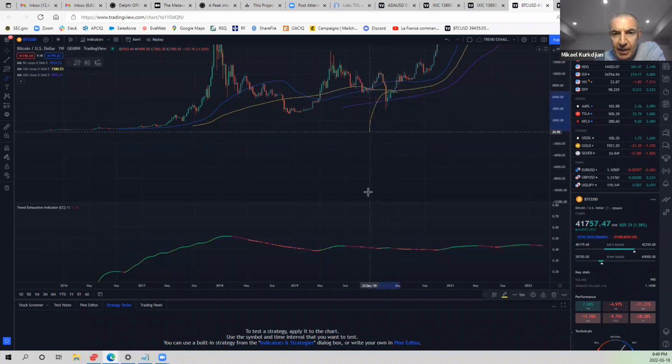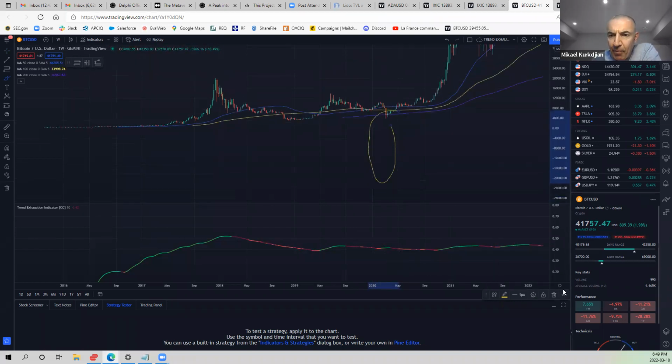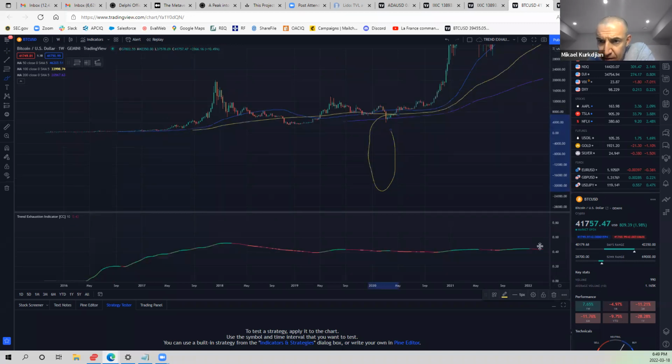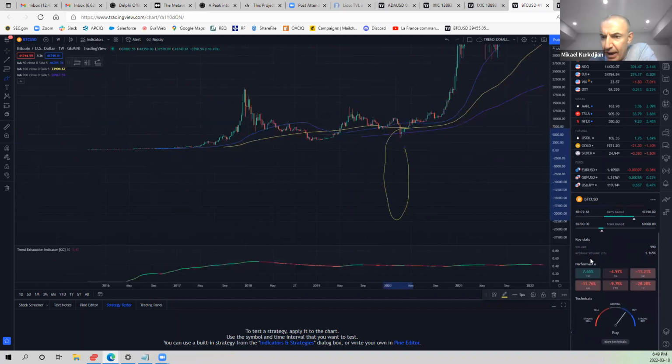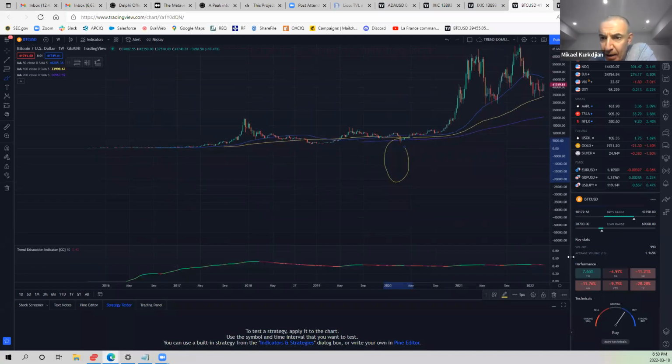Right over here, this one here, and then we fast forward. I'm going to go logarithmic now, just so that we can see where we're at. Not seeing the logarithmic chart. Anyway, it's okay. I don't know what happened to it.